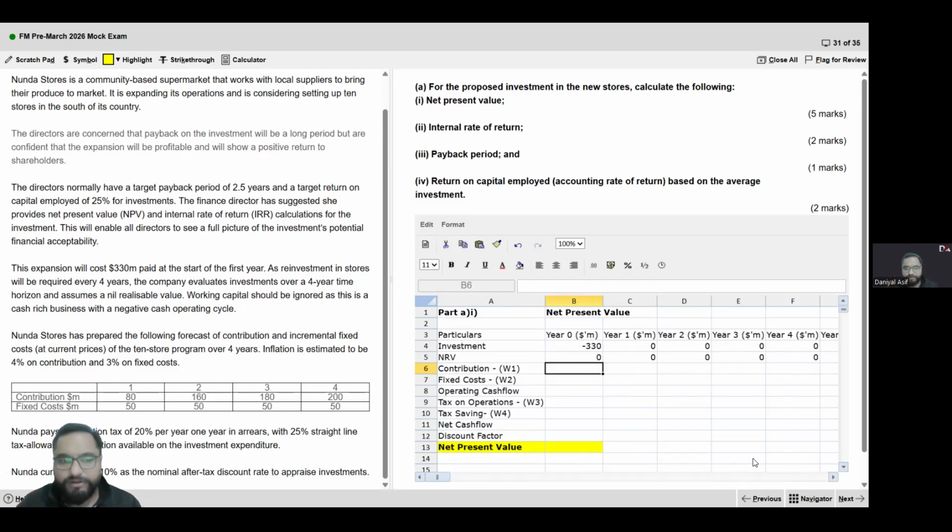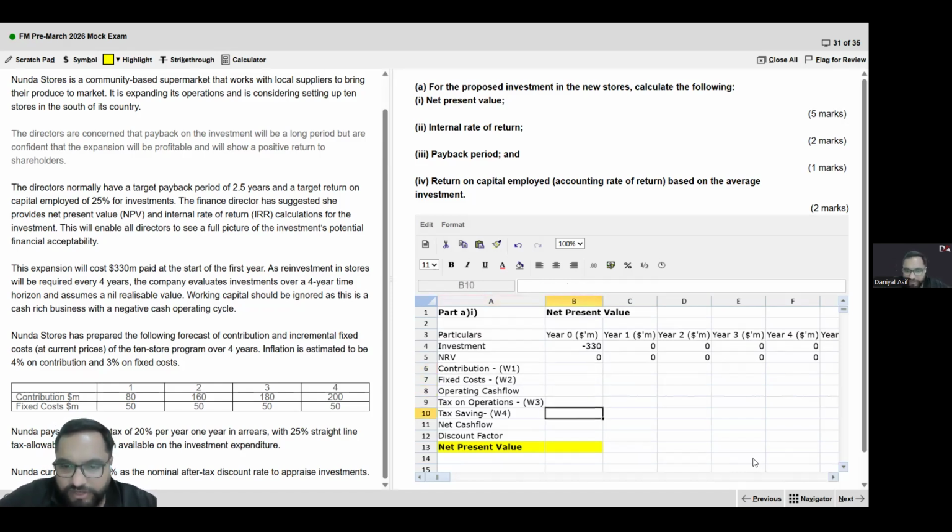Because these are current prices, the contribution of 80 is in current prices. So because we have to inflate it, the inflated contribution is going to be 80 multiplied by 1.04.